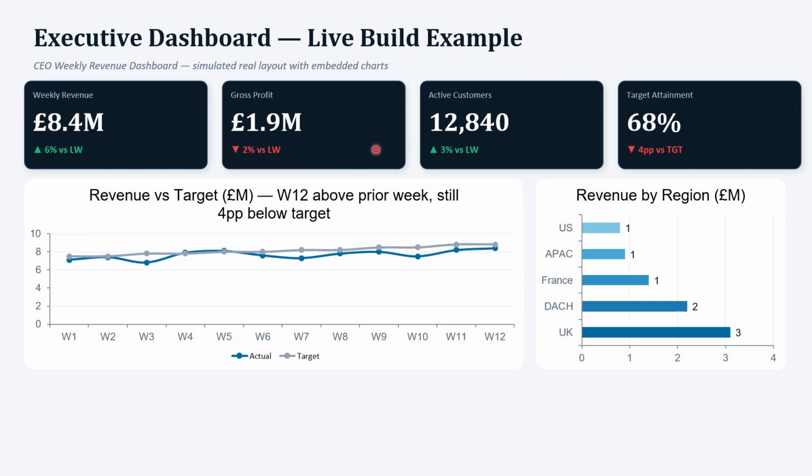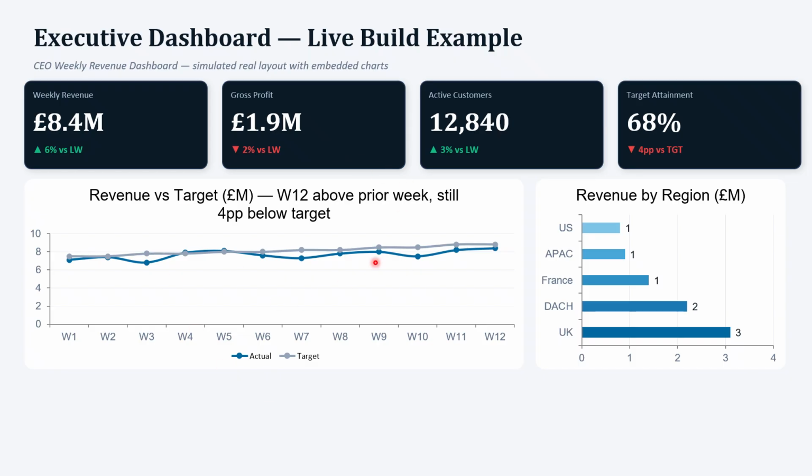You can see the revenue is up, shown in green, and the gross profit is down, shown in red. No numbers are needed to scan the health state. The red tells the story instantly, right?